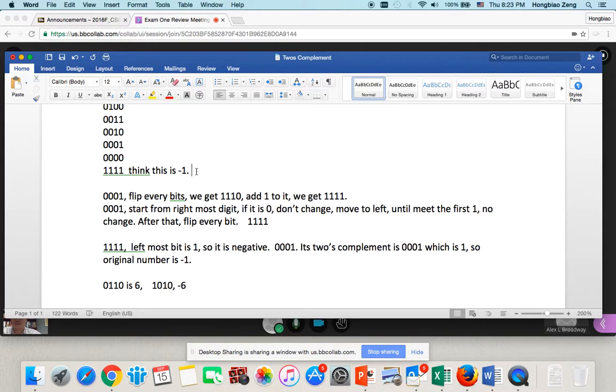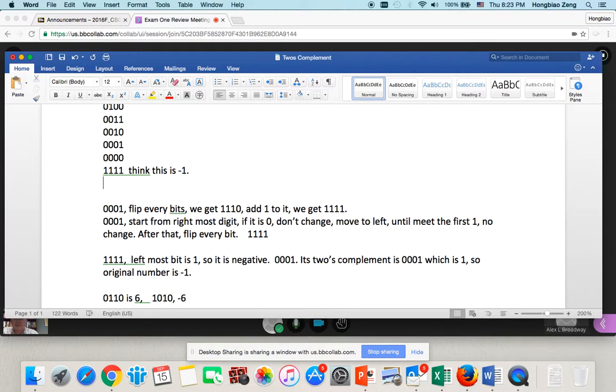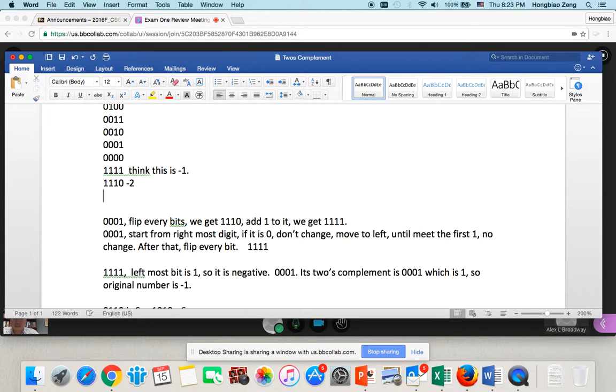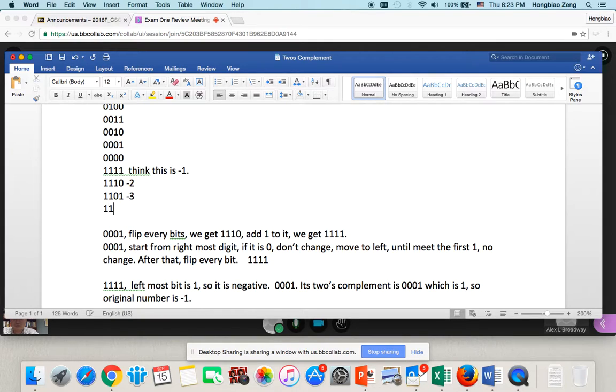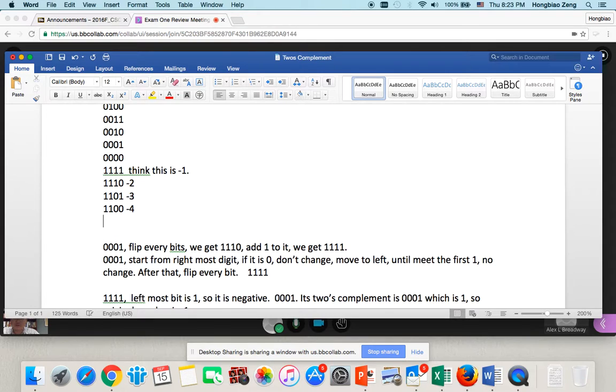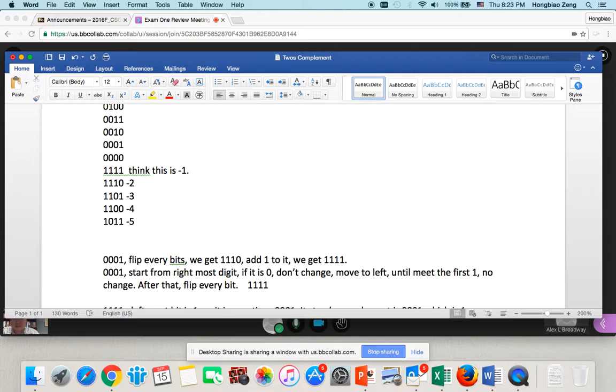Also, you can build this table by subtracting 1 each time. Negative 1 minus 1 is negative 2, negative 2 minus 1 is negative 3, negative 3 minus 1 is negative 4. When you subtract 1 like this, you treat everything as a positive value, just like you did with the positive numbers. Negative 4 minus 1 is negative 5, negative 5 minus 1 gives 1010, which is negative 6.